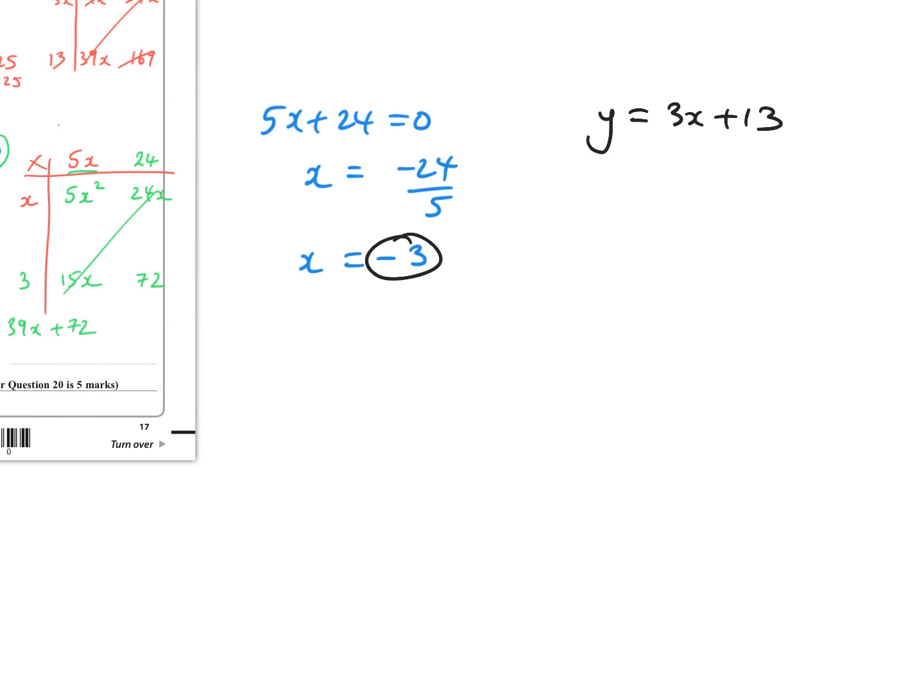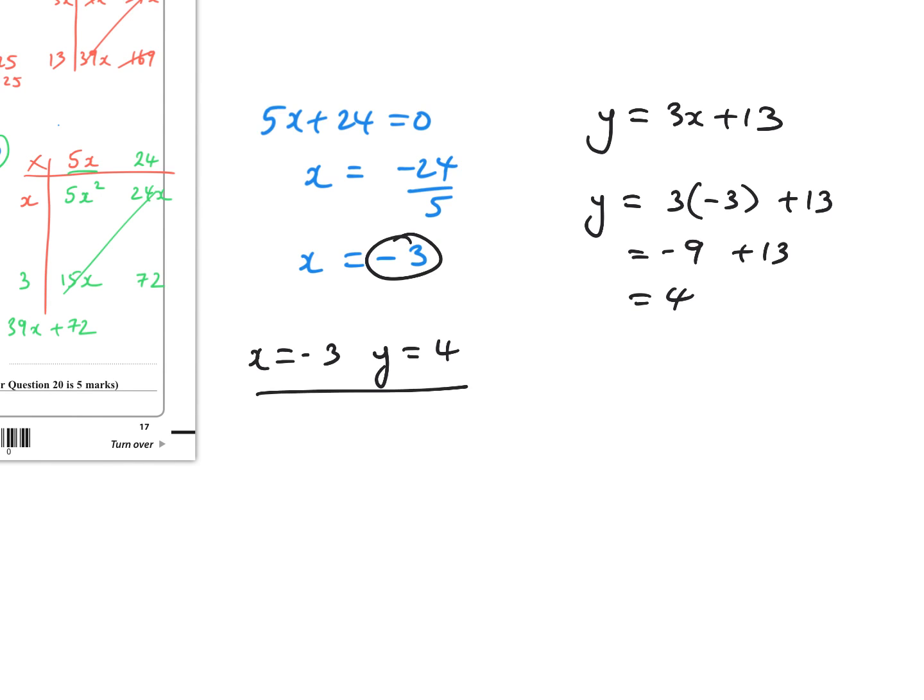If x is minus 3, then y is 3 lots of minus 3 plus 13, which is minus 9 plus 13, which is 4. So x is minus 3, y is 4, is one cutting point, i.e. where the circle cuts the straight line.